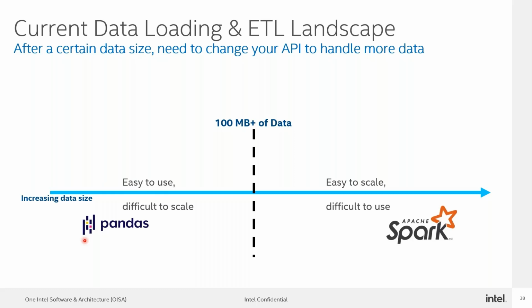In the opposite, Spark has very good functionality for scaling, but it is not easy to use. So we have this kind of problem. One is easy to use, but very hard to scale. One is good at scaling, but not easy to use.